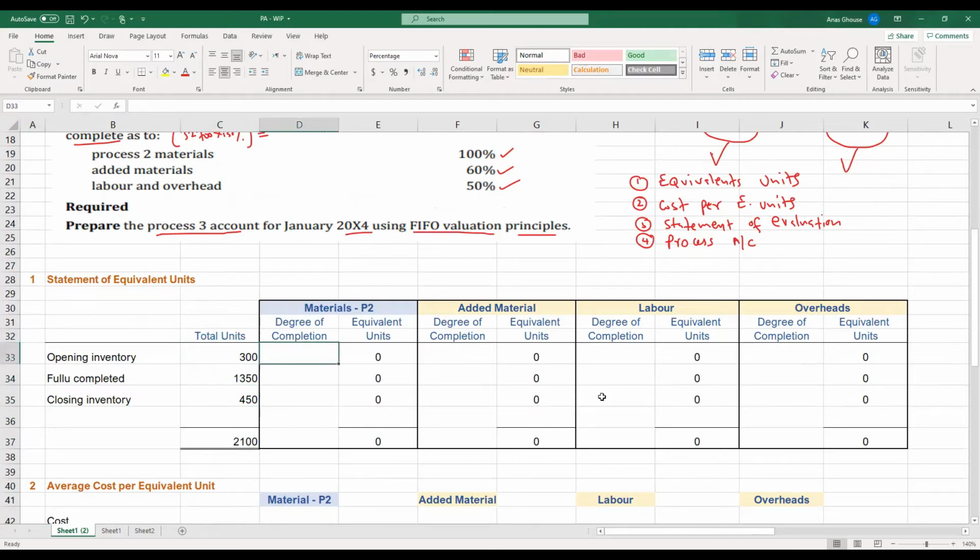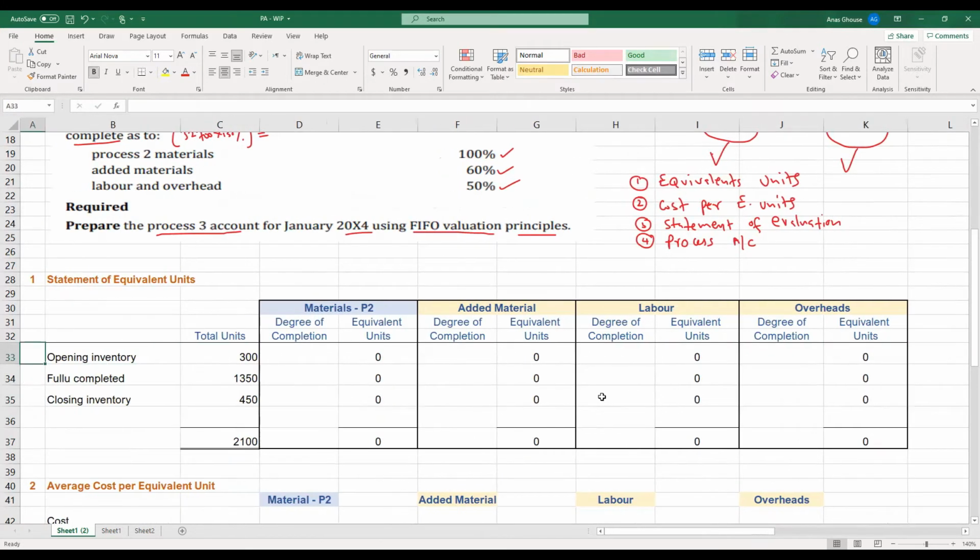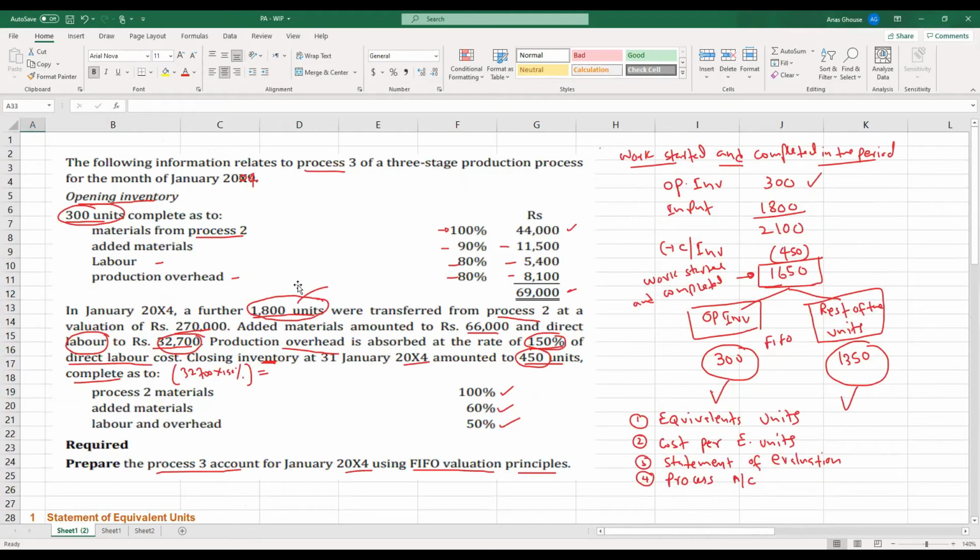Now we need to take, under each category, the degree of completion. Then you can calculate the equivalent units. With regard to the opening inventory, the degree of completion is given from the previous process. For example, material from process 2 is 100% complete.